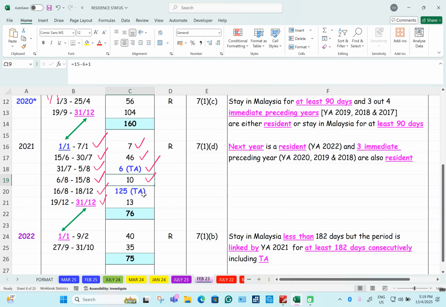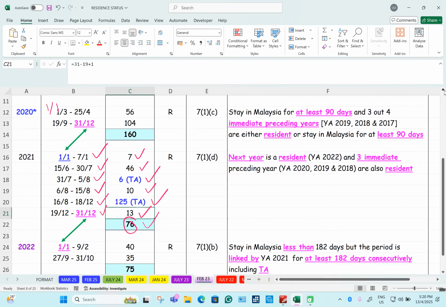Guys, total up. How many days? Guys, we have two TAs. Do not add TA. Why? TA can only be added when you do link to or link by. We are not doing link to or link by. We are just simply calculating the number of days. So total up, without TA, you will get 76 days.